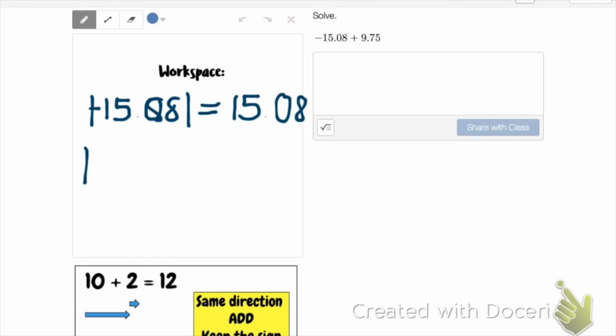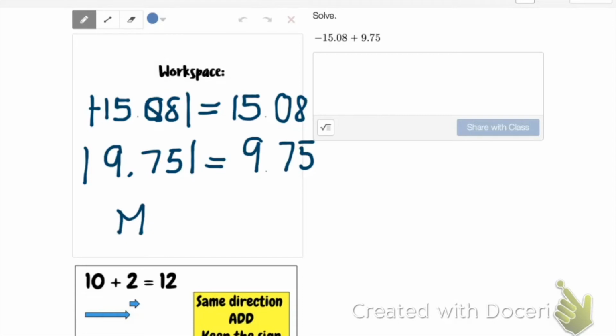Then I will take the absolute value of negative 9 and 75 hundredths, which is 9 and 75 hundredths. When I compare, I see that 15 and 8 hundredths is more than 9 and 75 hundredths. So I will know that my answer is going to be more negative, so a negative answer.